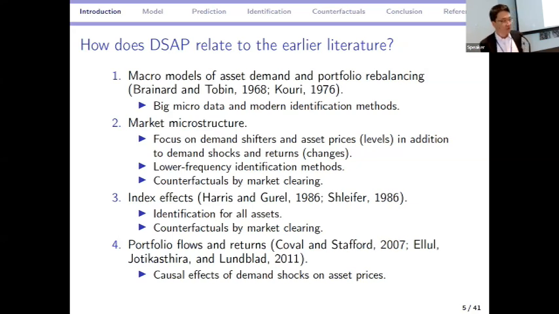There is a literature that uses portfolio flows, for example, Coval and Stafford, and in the insurance literature, Andrew Lewis has been showing that if you see dramatic portfolio flows, that seems to correlate with both contemporaneous and future returns. Relative to that literature, we're going to think more carefully about how to identify demand curves and think about demand shifters as causal in causing prices and returns to move.